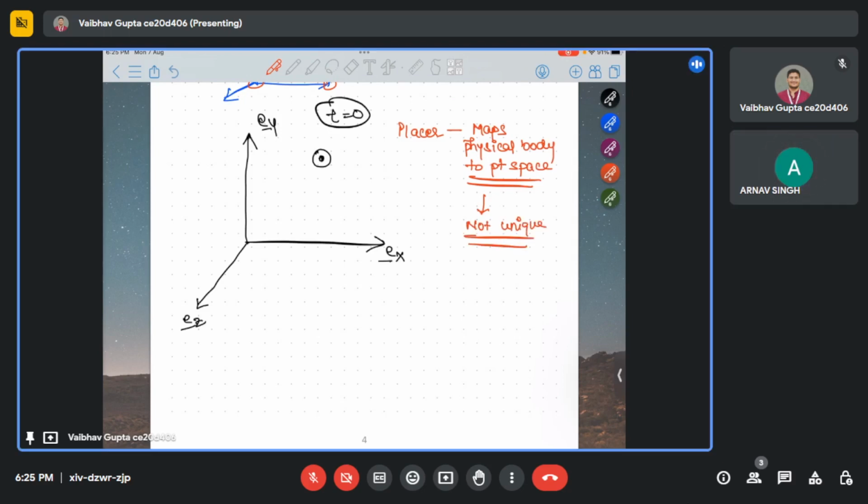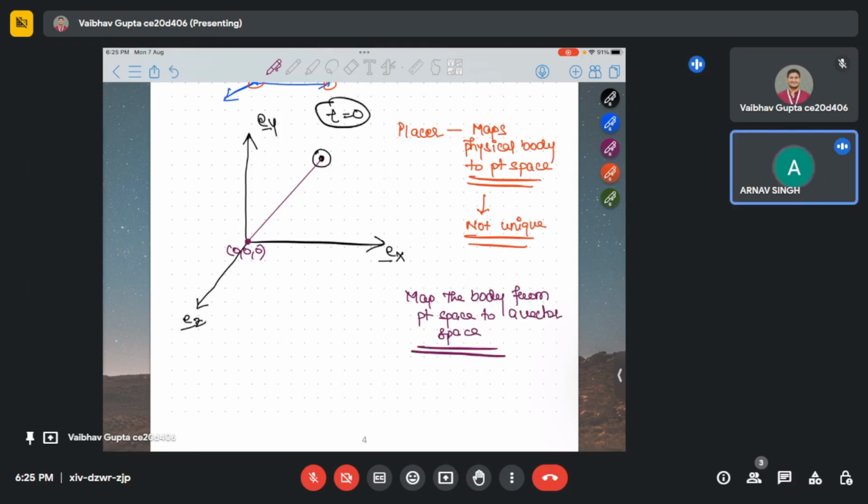Now we map this body from point space to a vector space. How do we do this? We just put a reference. Suppose I define this as 0, 0, 0. So now I have mapped the body from point space to a vector space.